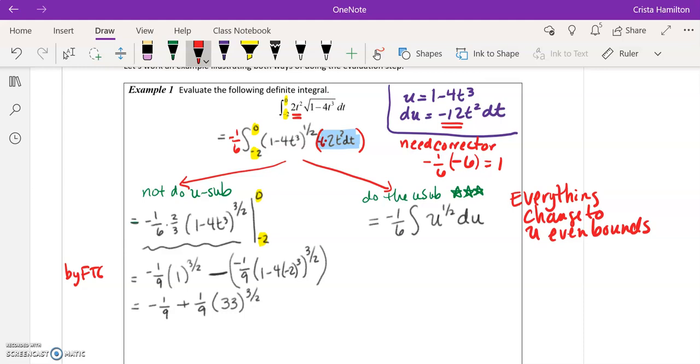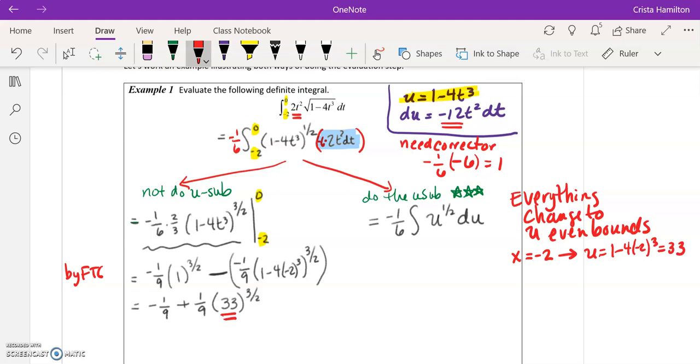So you would make a note to yourself, and you would say, well, t equal to -2, that's my lower bound. I would use the rule that's up here, right? We have a rule for how we're finding u up above. So we plug in -2, so we have 1 minus 4 times -2 cubed, which is the 33. Notice that it matches what I did at the end over here.